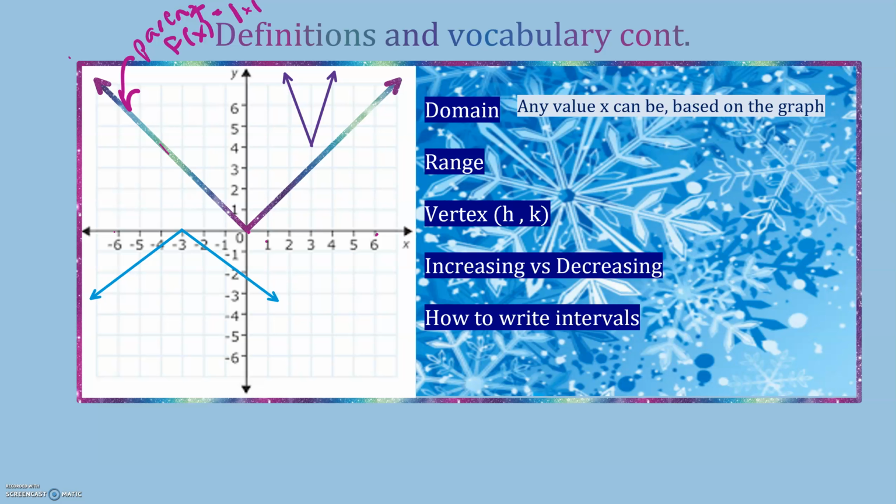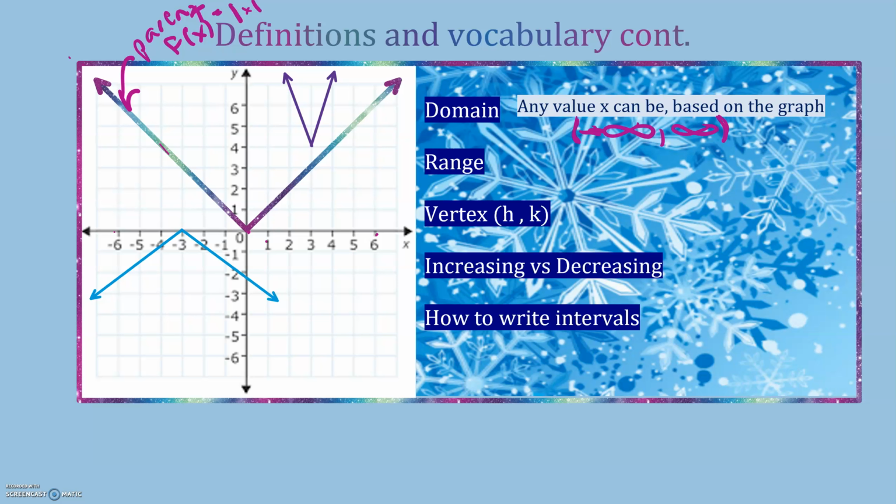So the domain for any value that x can be would be negative infinity, because it doesn't matter what we want it to be, and positive infinity, because again, x could be any positive value that's up there. So it's any value that x can be based on the graph. And notice that I used parentheses.